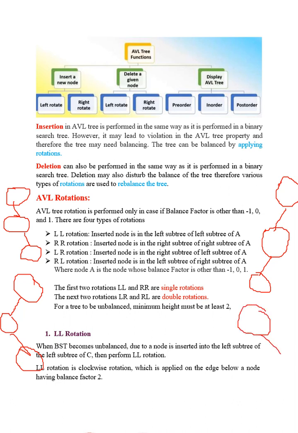RL rotation is inserting a node in the left subtree of the right subtree of A. So the first two rotations, LL and RR, are called single rotations, and RL and LR are called double rotations. We perform LL rotation when the binary search tree becomes unbalanced due to a node inserted into the left subtree of any node.